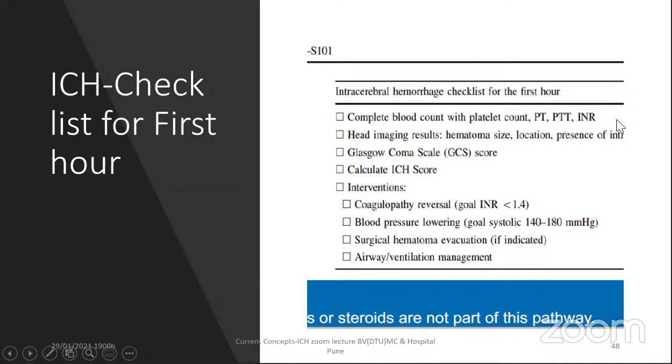You have to rule out all the causes for hemorrhage, and head imaging results, hematoma size, location, presence of intraventricular hemorrhage or not, and you have to assess the Glasgow coma scale and calculate ICH score, which I am going to show you, and coagulopathy reversal. If INR is more than 1.4, you have to bring it down to less than 1.4, and blood pressure has to be lowered and kept between 140 to 180, and surgical hematoma evacuation, airway and ventilation management. So these are the immediate checklists which you have to keep in mind.